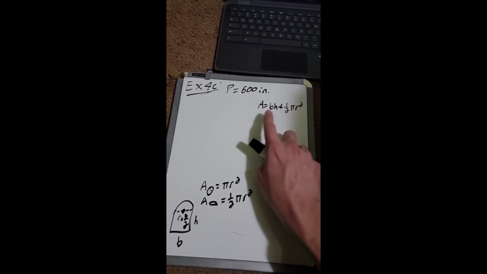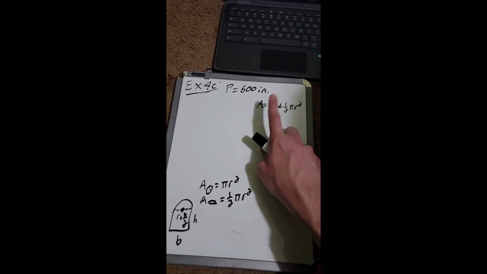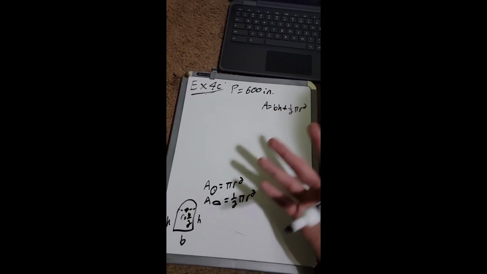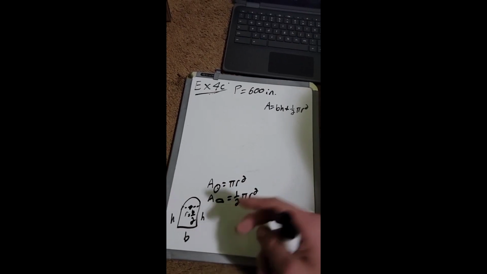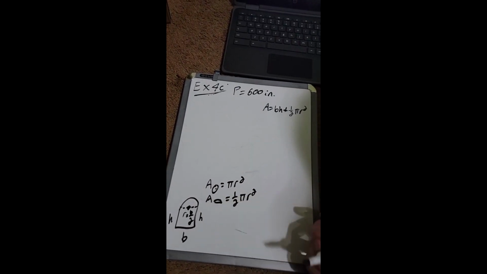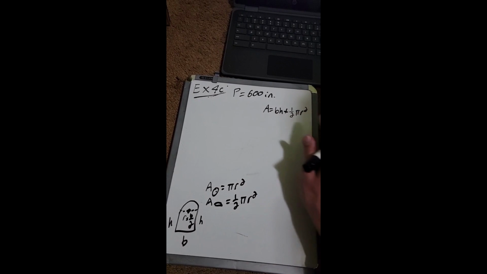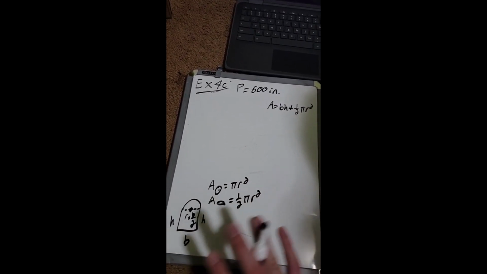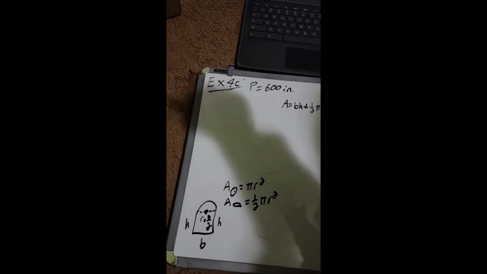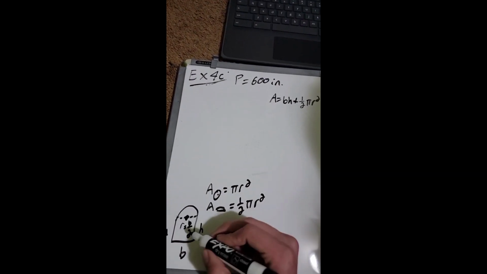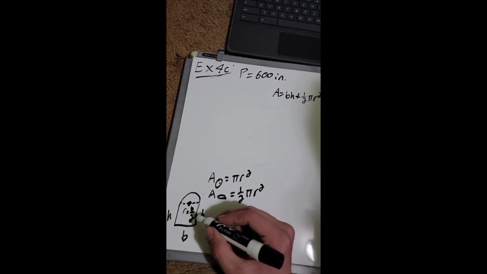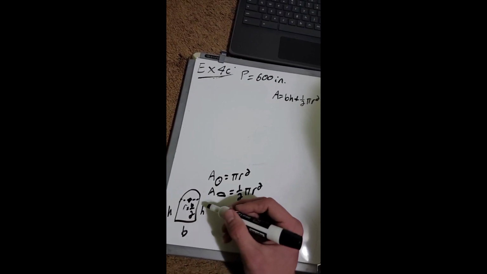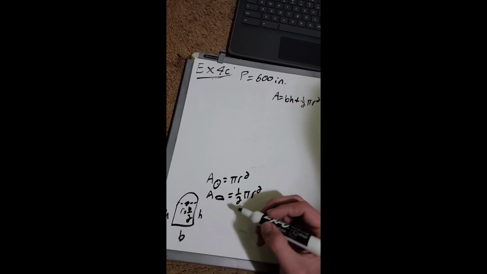But we have a problem. I count 1, 2, 3 variables. So we got to get something in terms of something and something else in terms of that same thing, so that we can derive it without having issues, without having to use implicit differentiation, without any of that. So I am going to get, how about everything in terms of r?